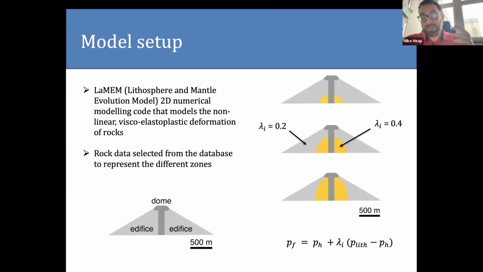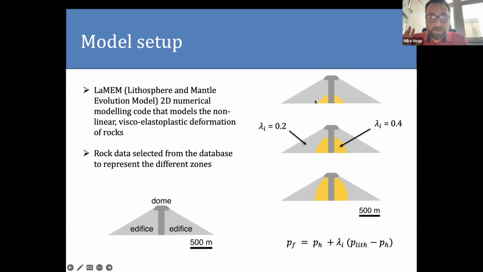of the volcano. So we can test this hypothesis using the same model as we did before, the model called La MEM. Again, we're using the experiments to inform the model. This time we don't have any electric data to create a 2D cross-section of the volcano. So we're going to use a very generic, a child's drawing of a volcano, essentially, where the yellow zone is the alteration zone and the rest of the non-altered material is this gray zone here.